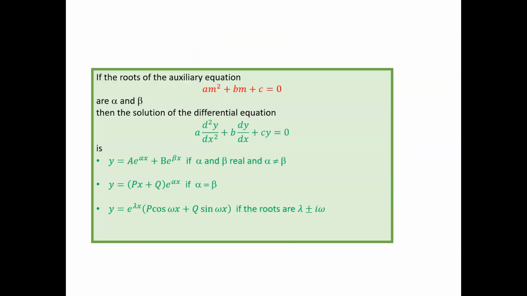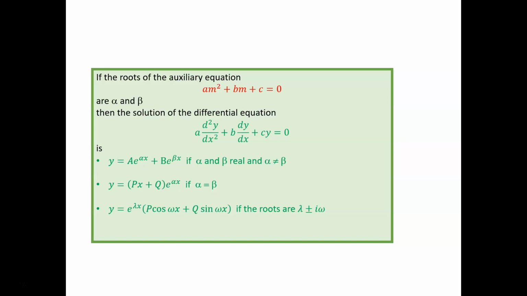So, what we've managed to show is that if the roots of the auxiliary equation are alpha and beta, then the solution of the differential equation will be A e to the alpha x plus B e to the beta x if alpha and beta are distinct. It will be (px plus q) times e to the alpha x if alpha and beta are the same.